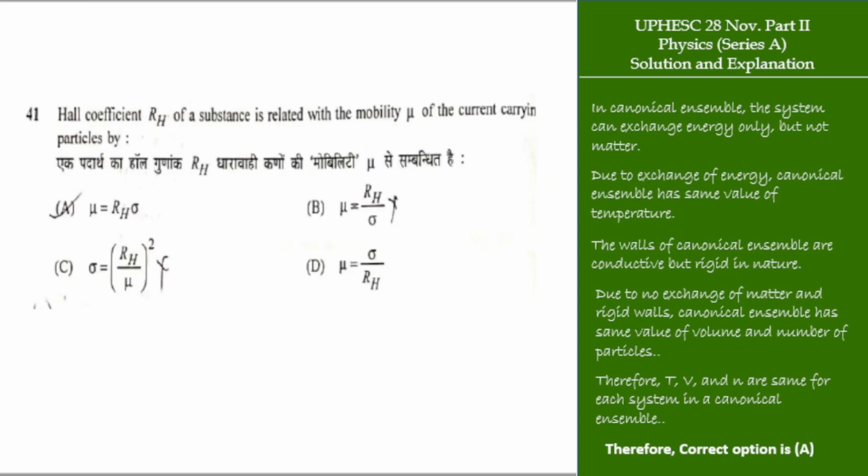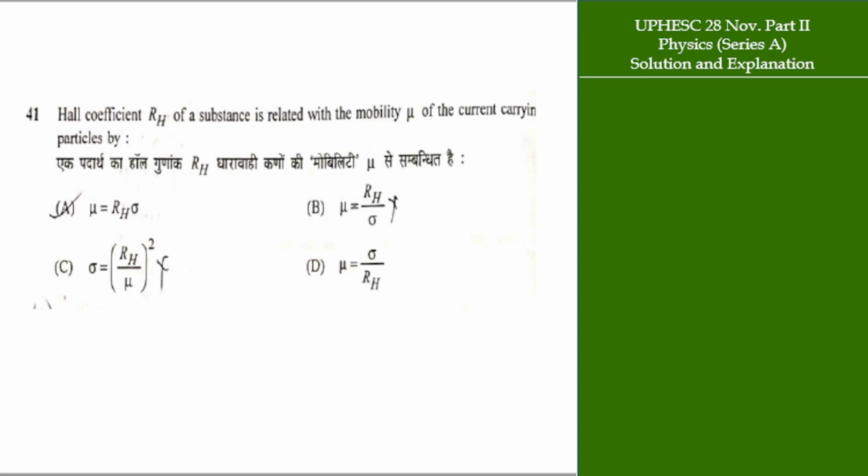Okay. Now the next question is related to the Hall coefficient. Now the Hall mobility is expressed as mu equals sigma RH. So it is a direct formula based question, and the correct option is A. The correct option is A for question number 41.